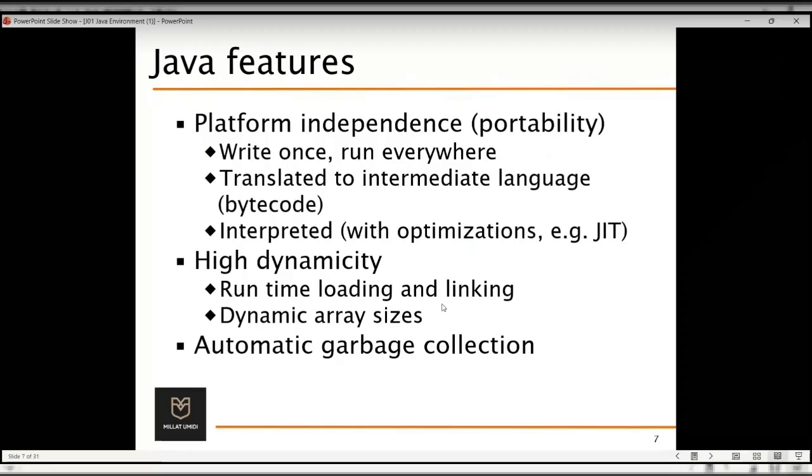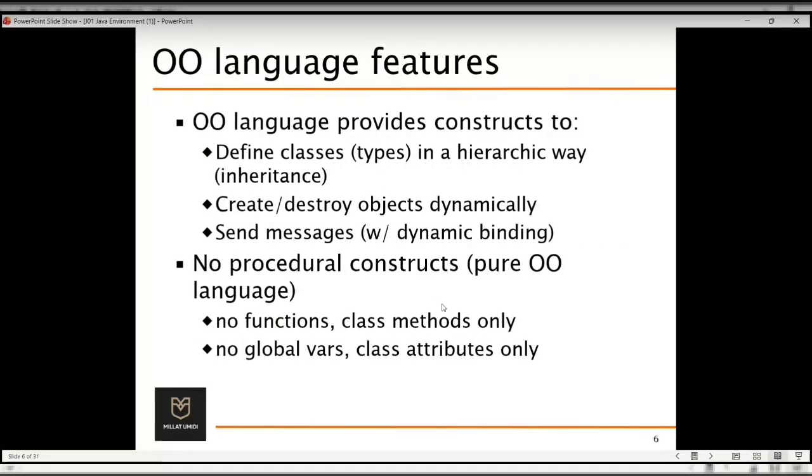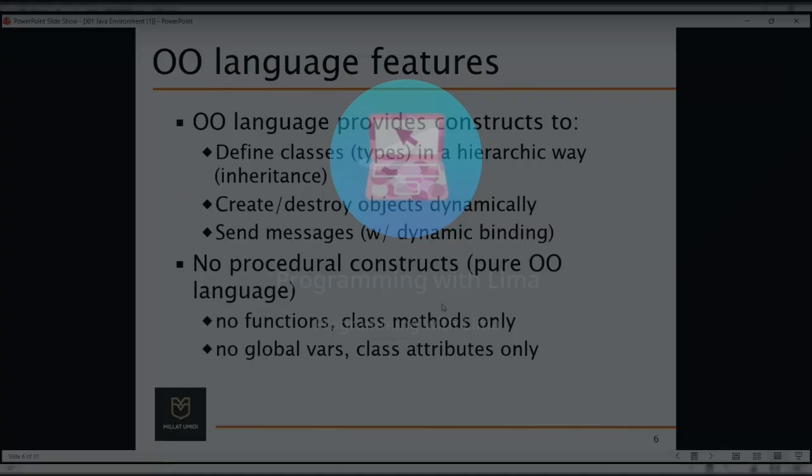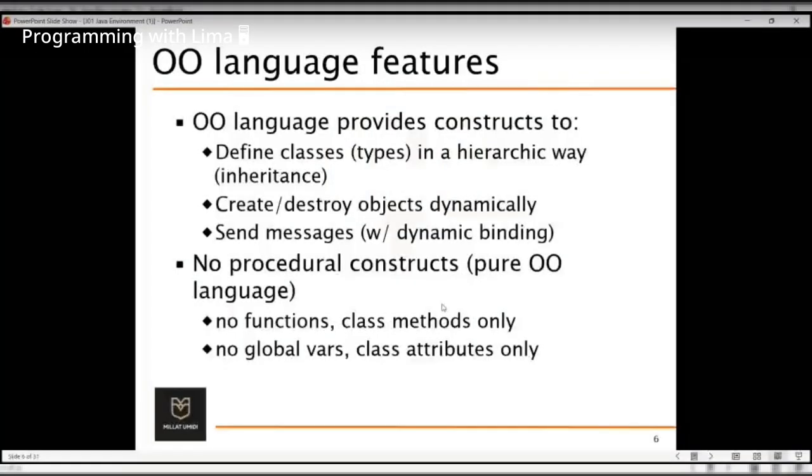Okay, let's talk about its features. First, it's a pure OO language that provides constructs to define classes, create and destroy objects dynamically, and send messages. And it's not procedural.